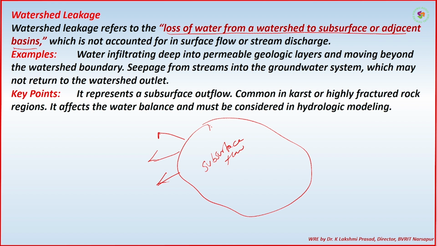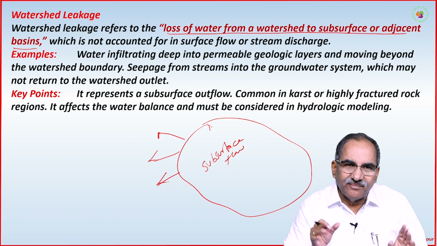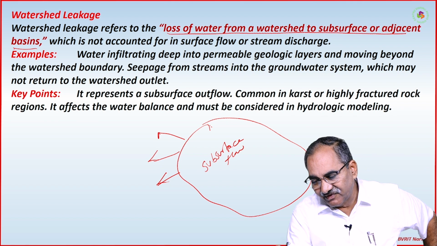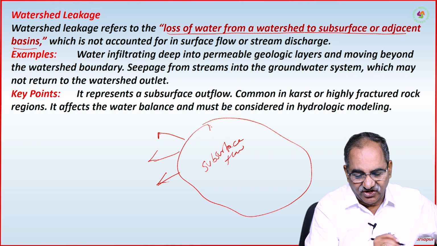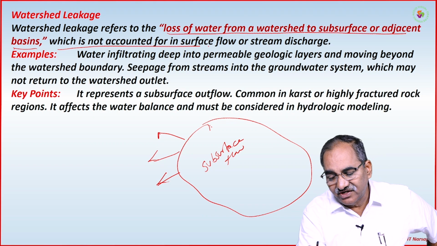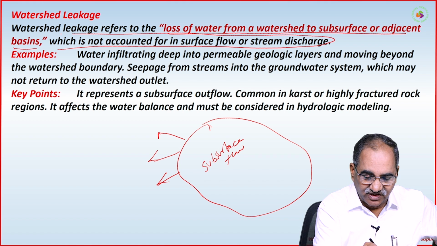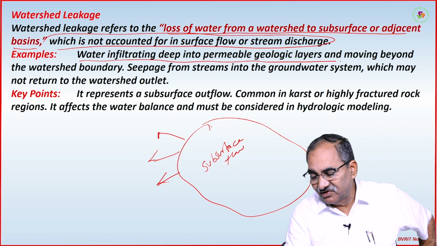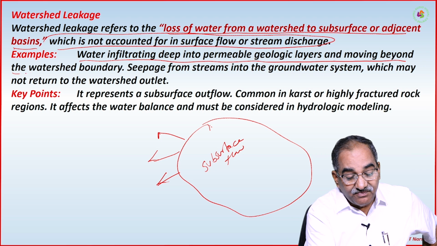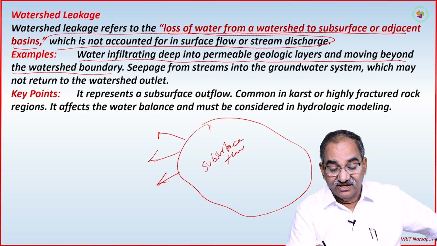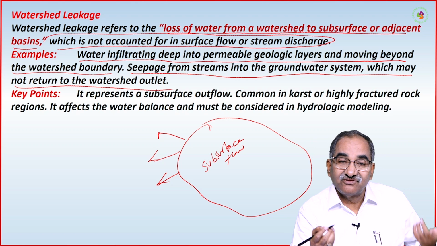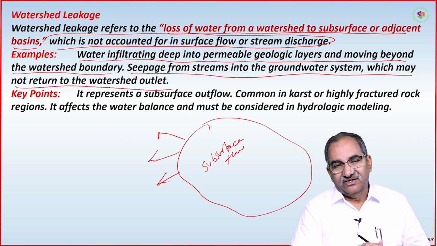But all these three are very minimal amounts. In most cases we neglect them, but for definition sake you need to know. It is the loss of water from the watershed to the subsurface or adjacent basin, which is not accounted in surface flow or stream discharge. Examples: water infiltrating deep into permeable geological layers and moving beyond the watershed boundary, and seepage from streams into the groundwater system which may not return to the watershed outlet.